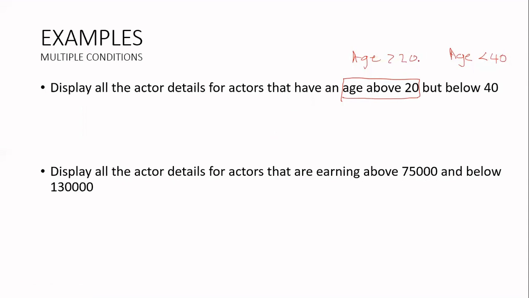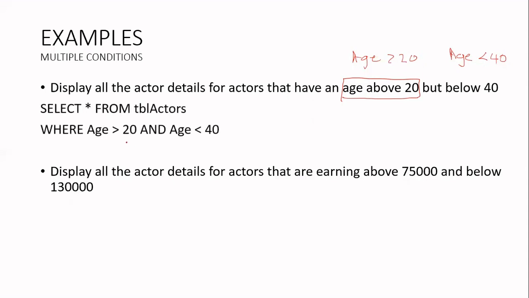It needs to be greater than 20, and it needs to be less than 40. So we need to join those two conditions. Select star from TBL actors, where age is greater than 20, condition 1. There's my connector, and age is less than 40.